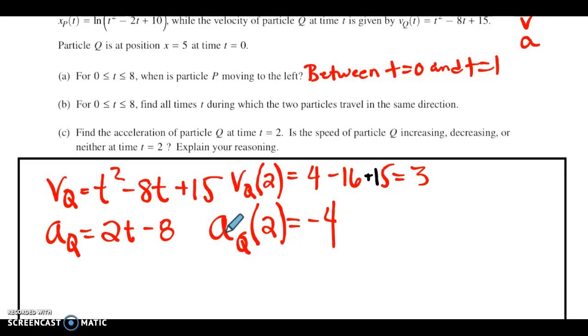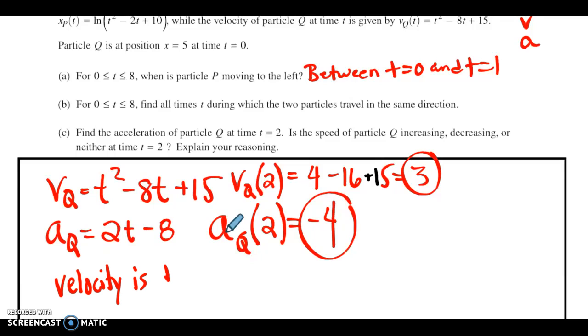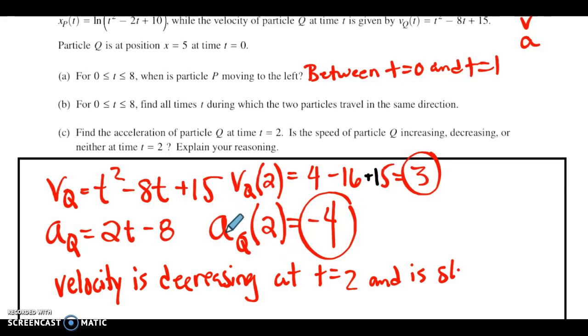So I've got a positive velocity, and I've got a negative acceleration. So the velocity is decreasing at t equals 2 and is slowing down.